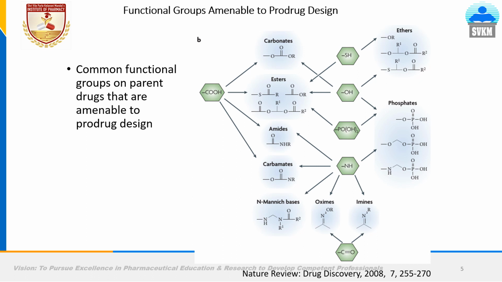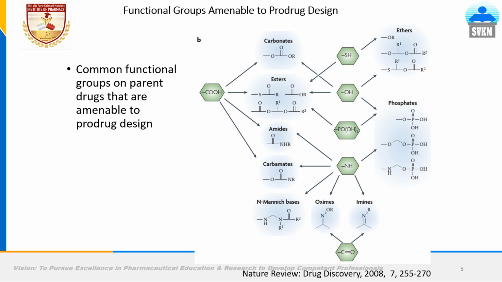If we see the stability of the functional groups in the drug, amide is the most stable functional group, and phosphate ester is the least stable. Phosphate we use for increasing water solubility. Esters we use for increasing lipophilicity by changing the R group.